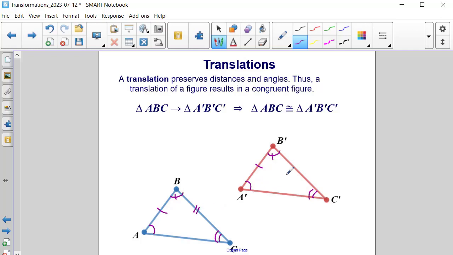Segment BC is congruent to segment B prime C prime, and segment AC was congruent to segment A prime C prime. Therefore, we have congruent triangles here. So we can also say that triangle ABC is congruent to triangle A prime, B prime, C prime.